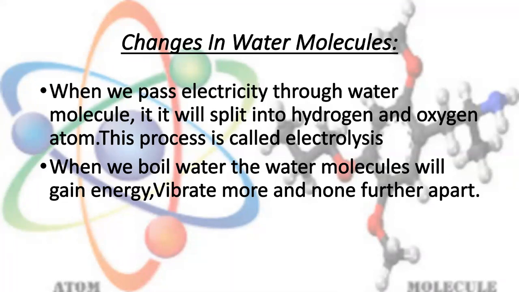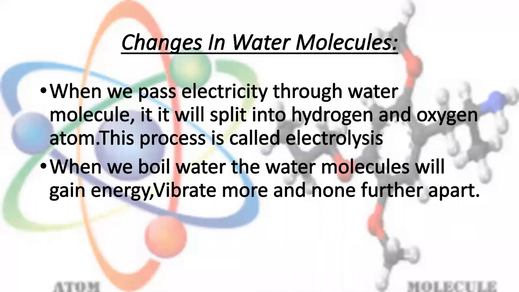Or if anyone asks you what is electrolysis, it means whenever electricity is passed through a substance and it is split into its atoms, that is called electrolysis. When we pass electricity through a water molecule, जब हम पानी के molecule में से H2O में से इलेक्ट्रिसिटी पास करते हैं। ये इलेक्ट्रिसिटी हम घर में नहीं पास कर सकते कि आप गिलास लें और उसमें इलेक्ट्रिसिटी पास करना शुरू कर दें। No, we need a laboratory, we need equipment.